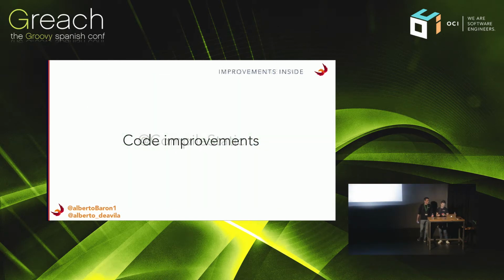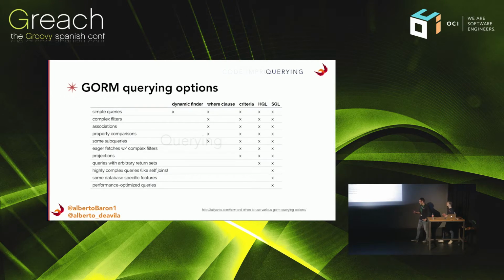Code improvements. The first thing that we want to mention is to use the compile static annotation, because compile static classes are better in terms of performance. And the second one is querying. Okay, so you know that in Grails we have 5 different mechanisms to do queries.